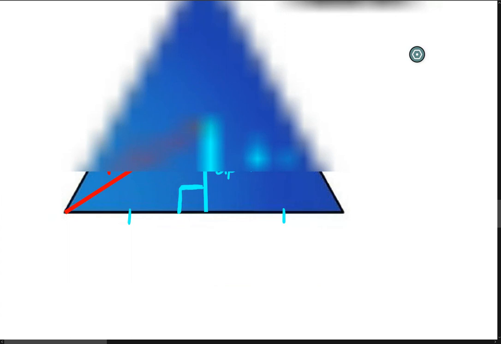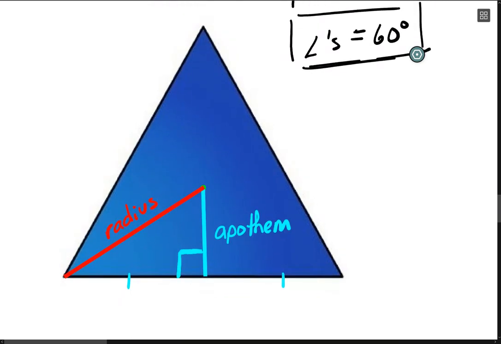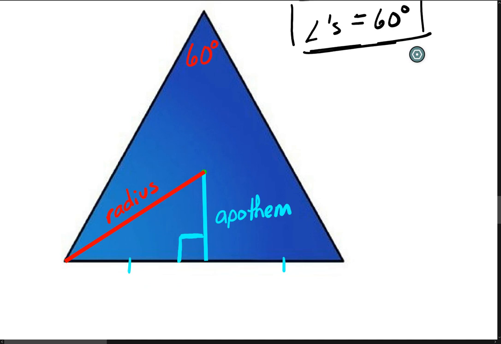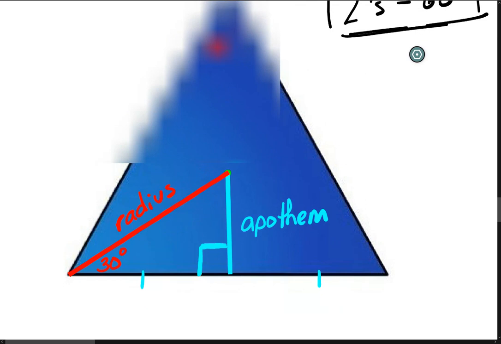And what did I say the radius did? The radius always bisects the vertex. So since each of those are 60 degrees, what is the measure of this? 30. Because the radius always cuts it in half, right? So that's 30.